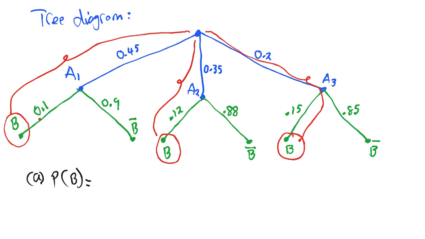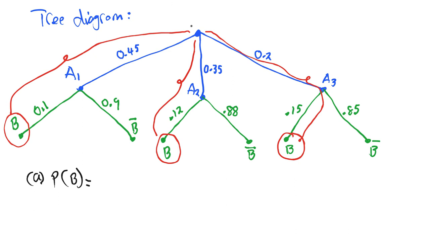Now, when you do this, what you are doing, for instance, is saying that this would be the probability of A1, and then this right here is the probability of B, of failure, given that you've taken this branch. So all the pieces of the law of total probability are there, but what makes this a little bit easier to understand is that it's visual.